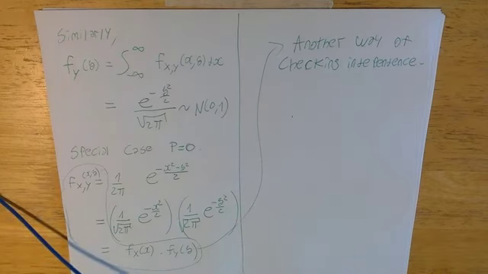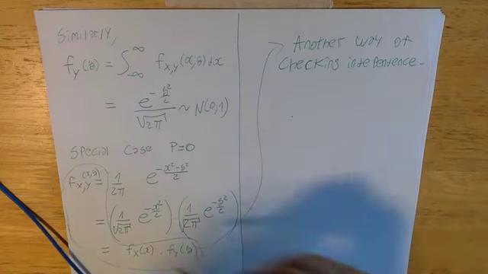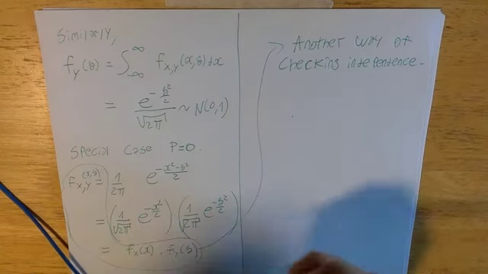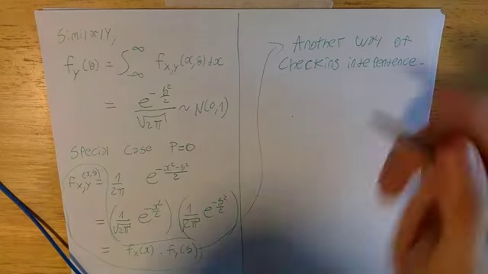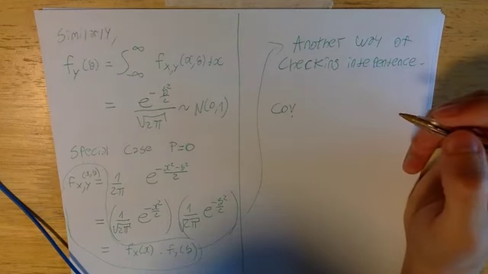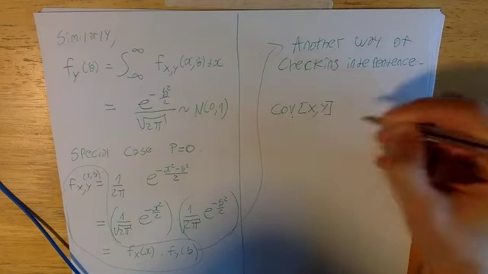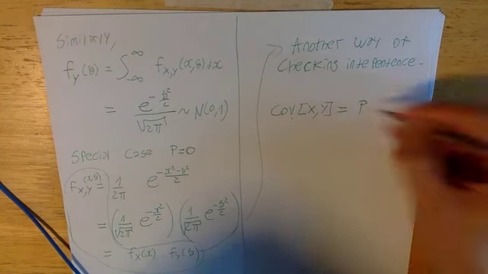Okay, I think I'll stop today with this, and next class I will look a bit more at the covariance and some inequalities that you can do with it. So the point, just for you to know further along, is that the covariance of x and y in this specific example is going to be equal to p.